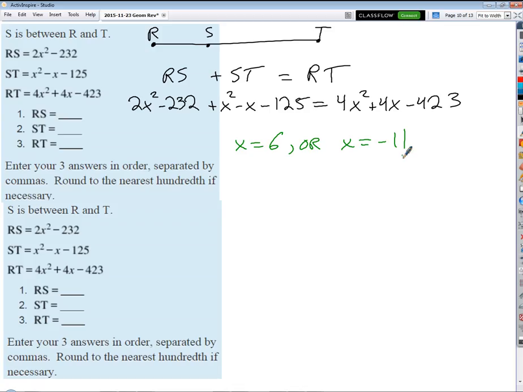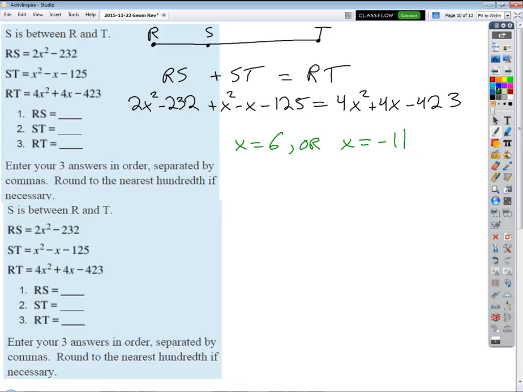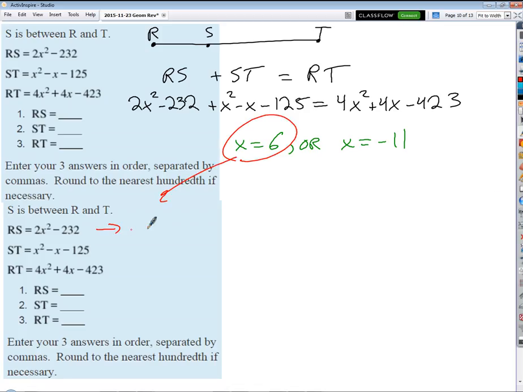So let's try 6. We'll just see if it works. If it works, we're done. If I plug 6 in down here, what's going to happen? So for RS, that's going to give me 2 times 6 squared minus 232. Do you see a problem with that? It's going to be negative.